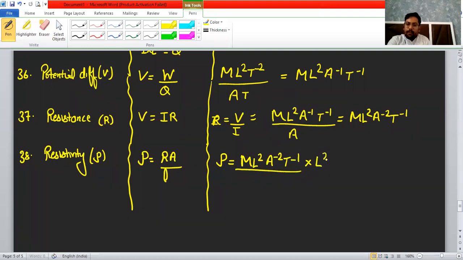Area is L squared and length is L. So this is ML A^-2 L^3 and T^-3. This is about the resistivity.